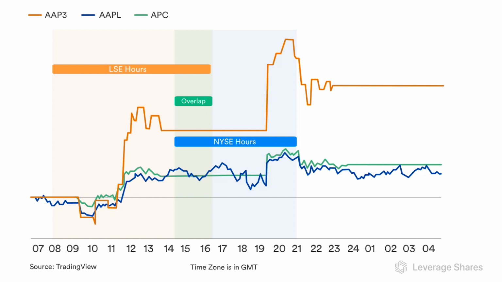And as you can see in the example, we have an overlap between the London Stock Exchange trading hours and the New York Stock Exchange hours. And during the other time, there's always an overlap, and they're trading almost in tandem.